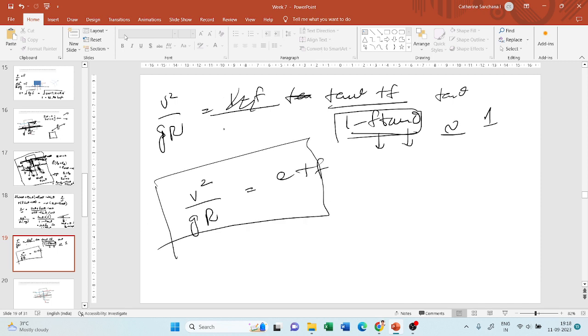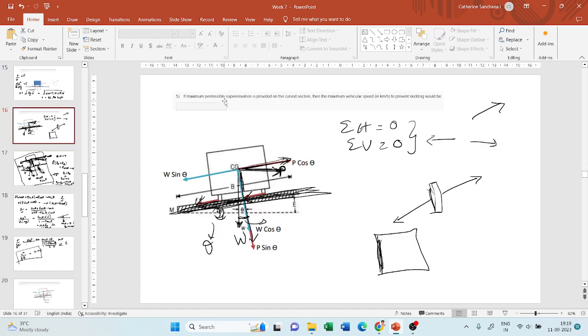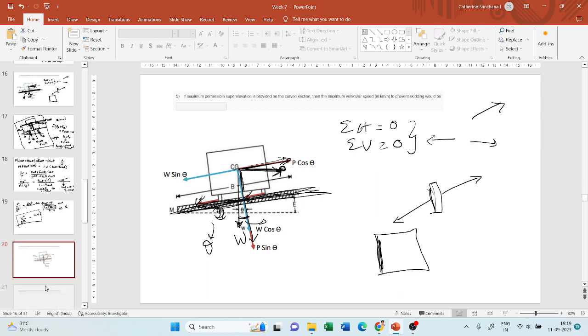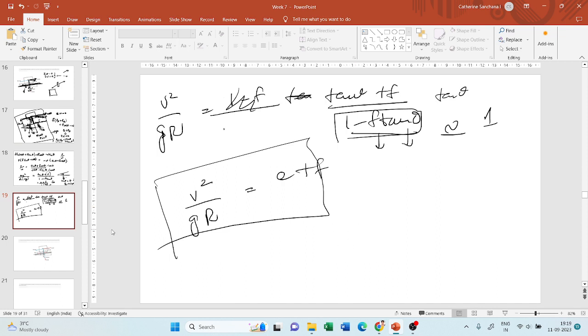Now what is asked in the question: if the pavement has been raised, if maximum permissible super elevation is provided on the curved section, what will be the maximum vehicular speed to prevent skidding? Okay. So what are the values that you need? You have to find out the maximum speed.